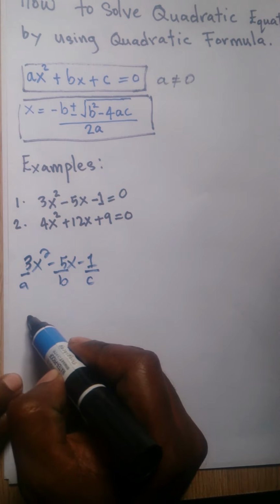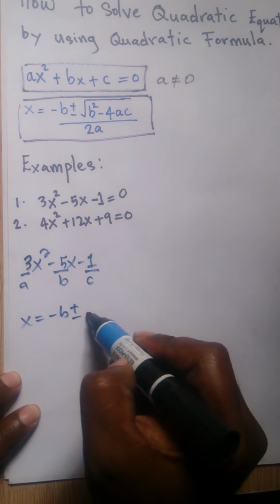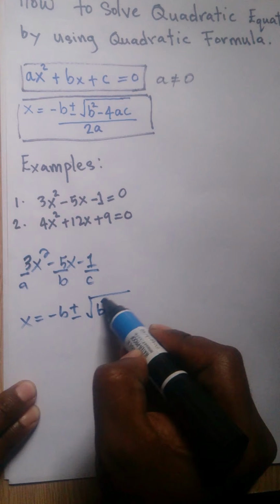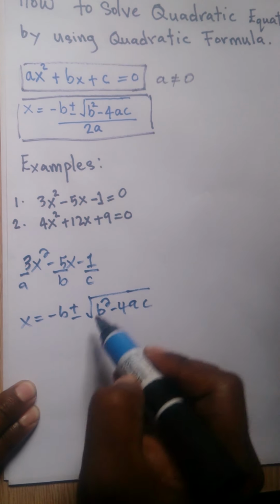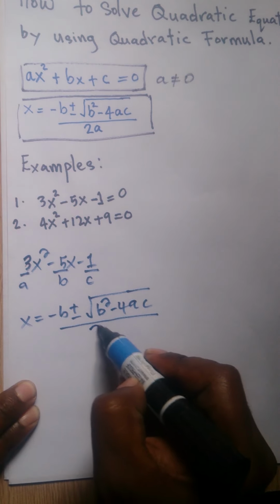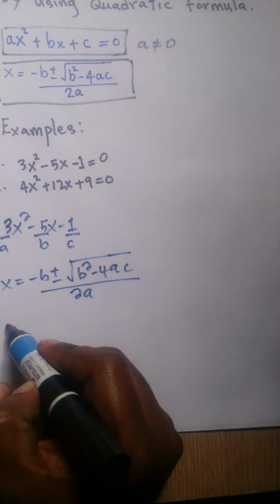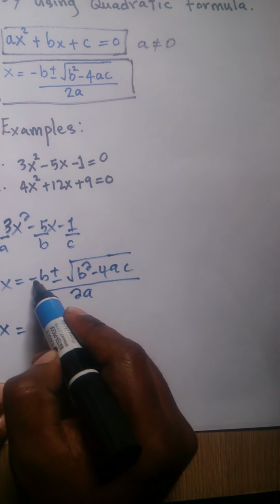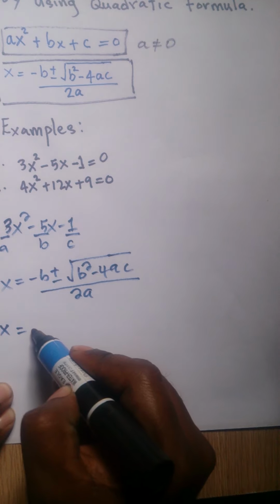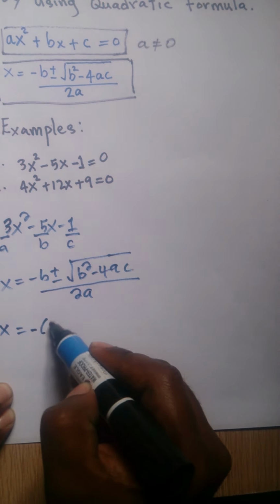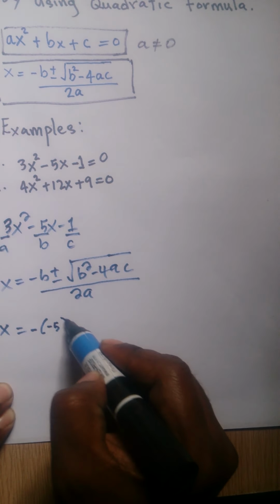Our formula is x equals negative b plus or minus the square root of b squared minus 4ac, all over 2a. Let's substitute the values. For negative b, we put the minus sign, and our b is negative 5, so we put negative 5.